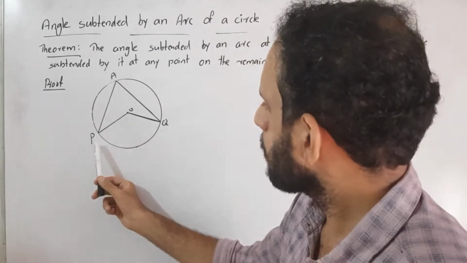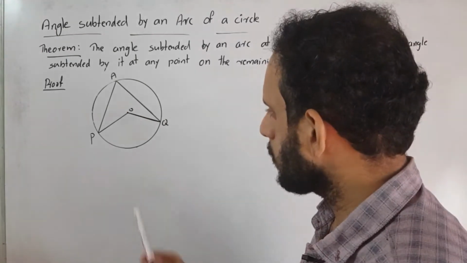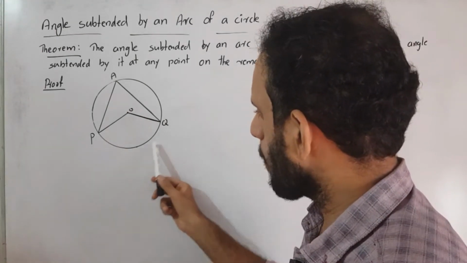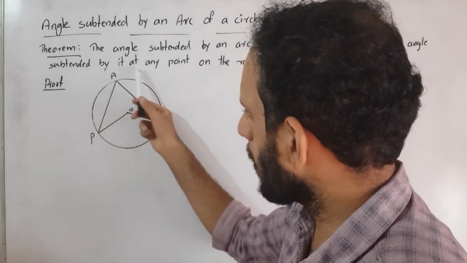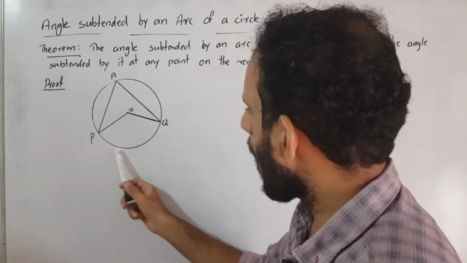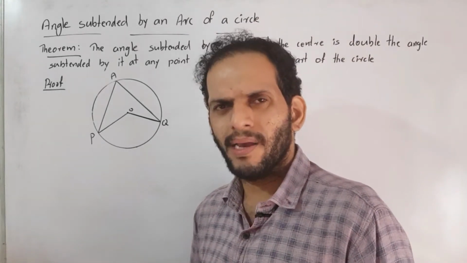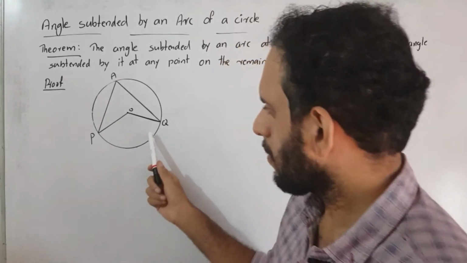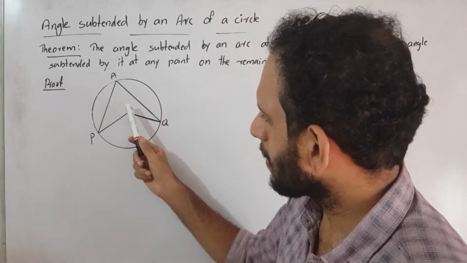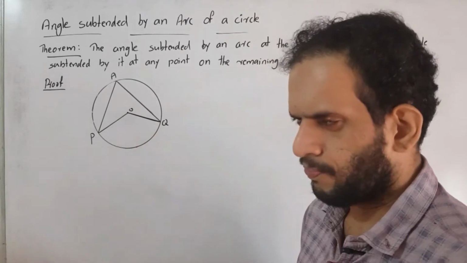The points P and Q divide the circle into two parts. That means one is minor and the other one is major. Now we consider the arc PQ. Arc PQ, very clearly, represents the minor arc. The minor arc subtends an angle at the center O, that is angle POQ.